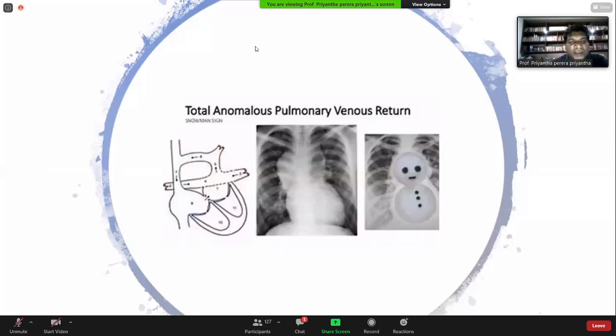Because all these vessels are dilated, there is too much blood flow in it. It causes dilatation of this part to give this figure of 8 appearance. This supracardiac shadow is formed by this abnormal blood vessel network. Okay? So this is what we call figure of 8 or snowman heart. It's due to total anomalous pulmonary venous drainage.